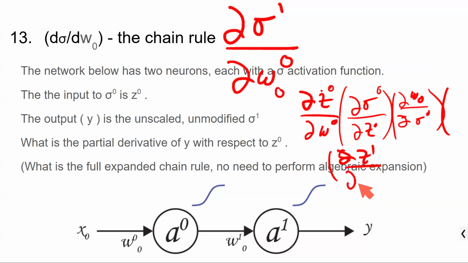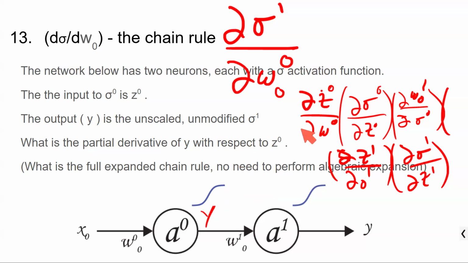DZ1, DW01, D sigma 1 over DZ1. So it basically just becomes multiplied back all the way through. We can create this. Sometimes we're going to call this Y over here, Y hat.